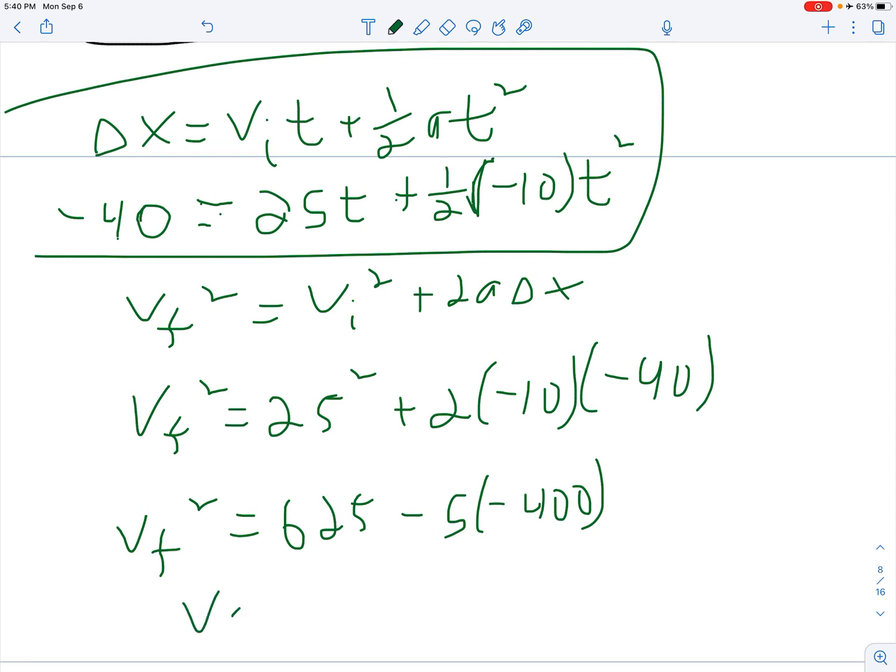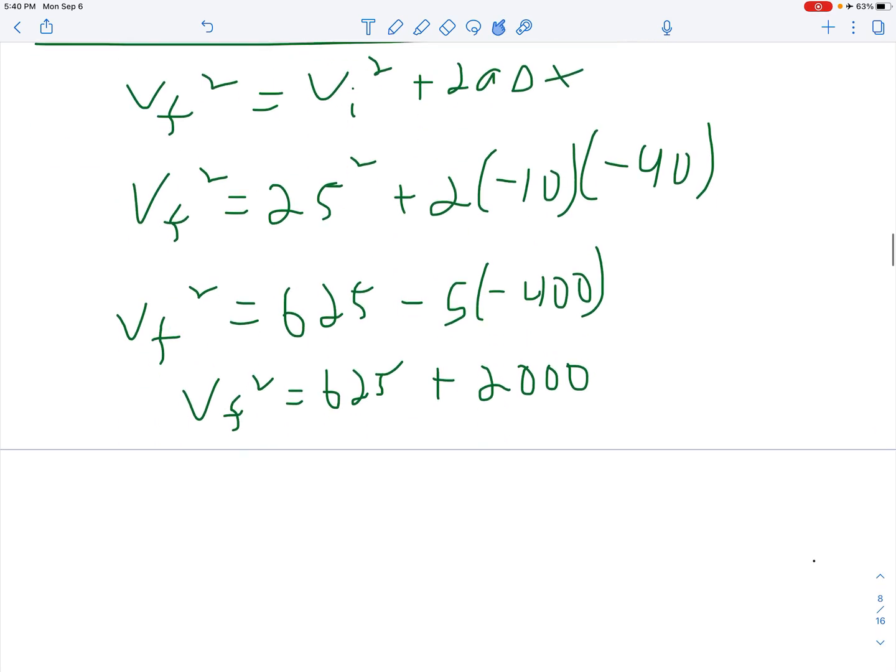So this would be VF squared would equal 625 plus 2,000. So VF squared would be 2,625.